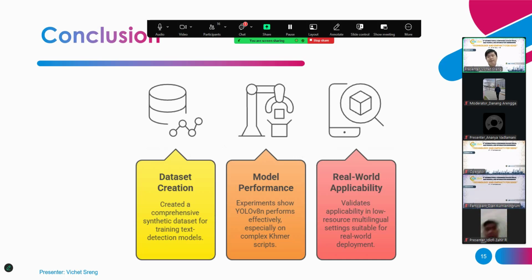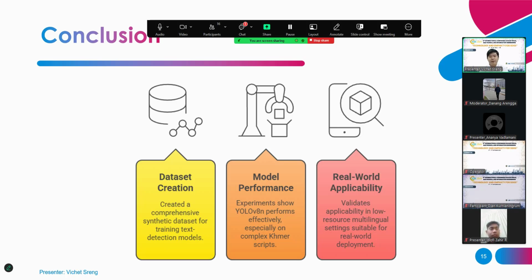To wrap up, we tackled the shortage of labeled data for Khmer-English text localization by building a synthetic data generation framework that creates realistic training samples without costly manual annotation.